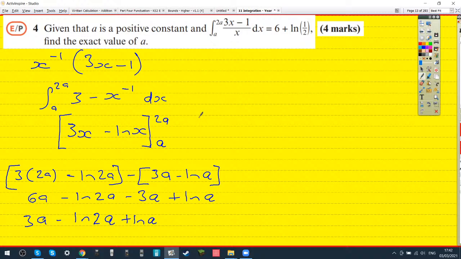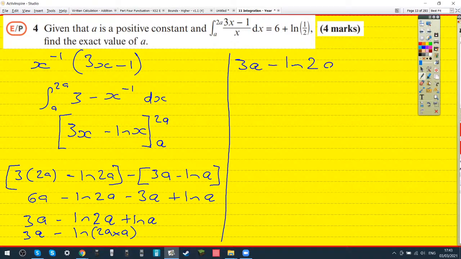Yep. So ln 2a times a is ln 2a squared. Yep. Squared.